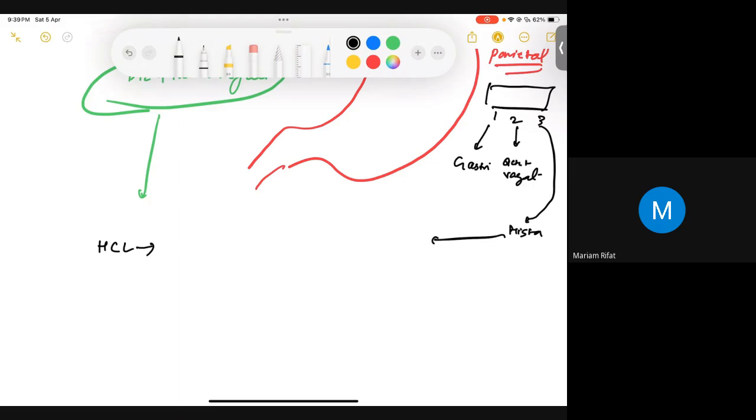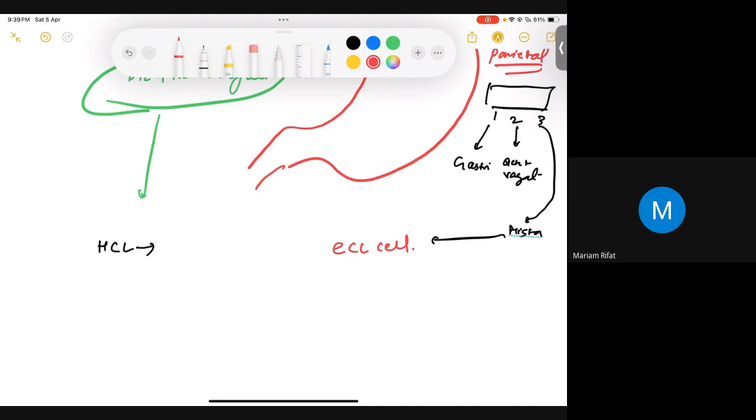From where does the histamine come? ECL cells, remember? Enterochromaffin-like cells. Gastrin is also going to increase the activity of ECL cells, which in turn increases histamine release.